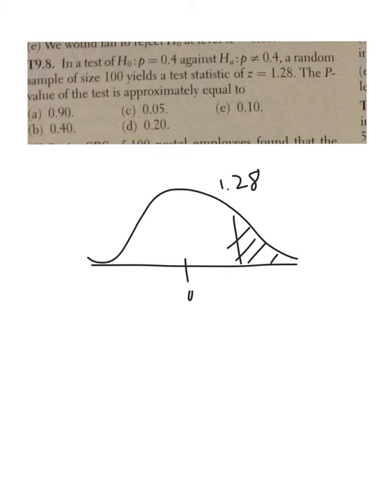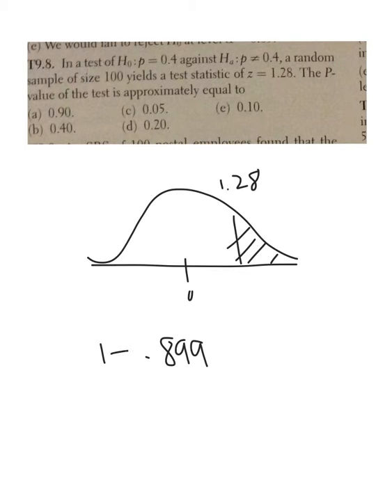So I put in normal CDF, negative 1,000 to 1.28, and I got a value of 0.899, which I subtracted from 1.